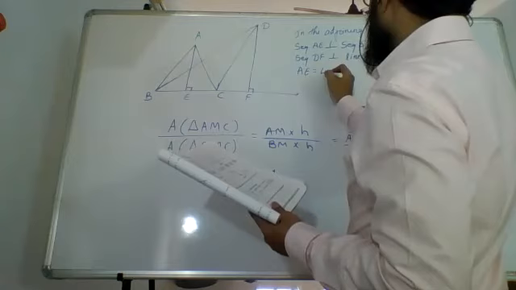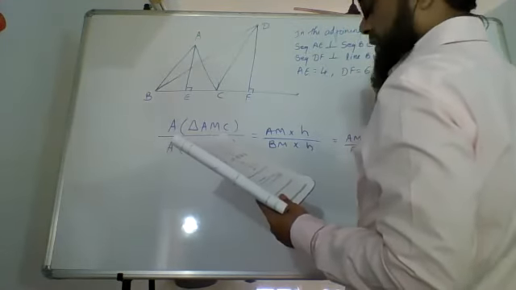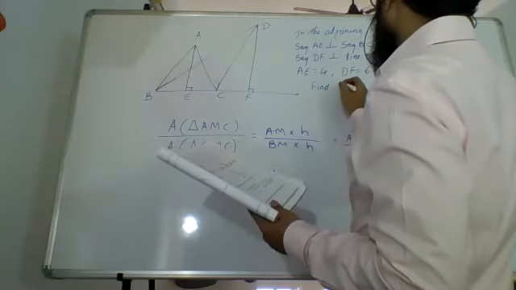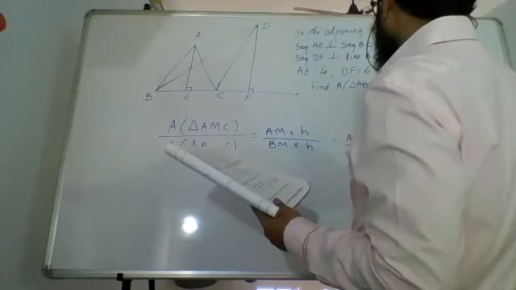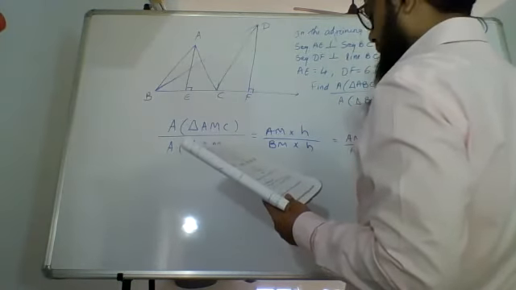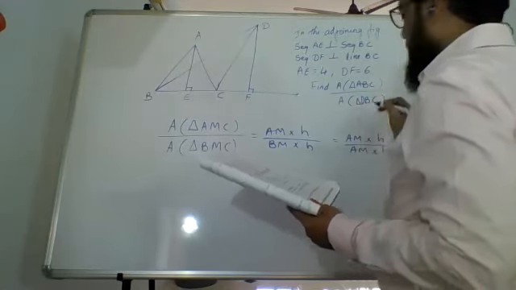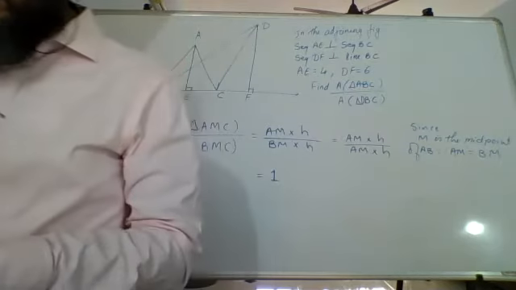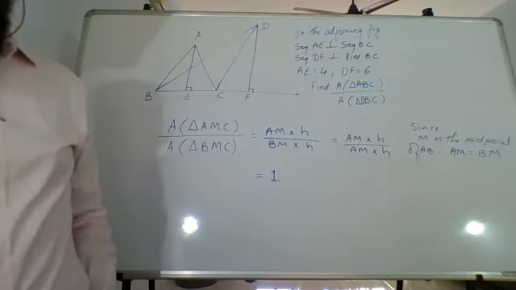AE equals 4, DF equals 6. Find area of triangle ABC upon area of triangle DBC.